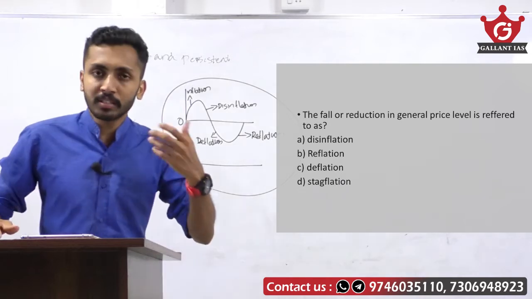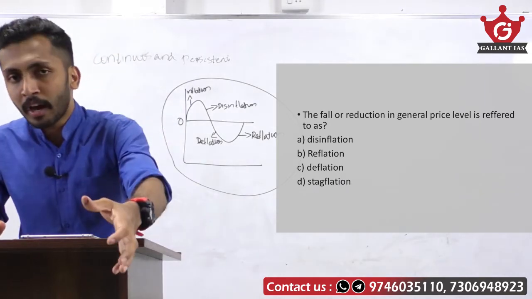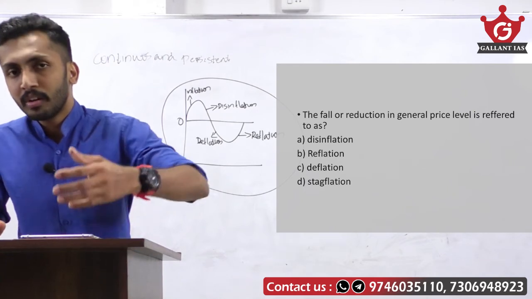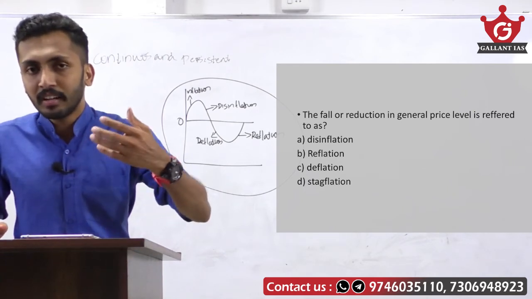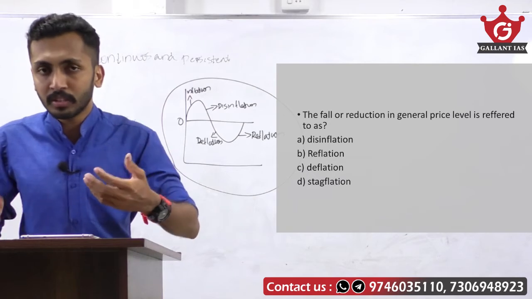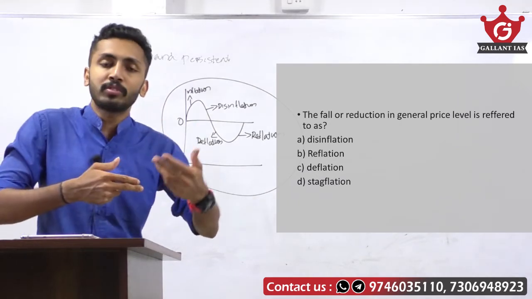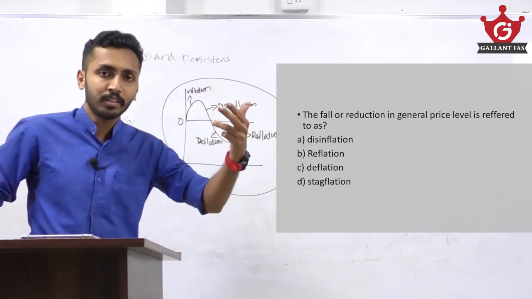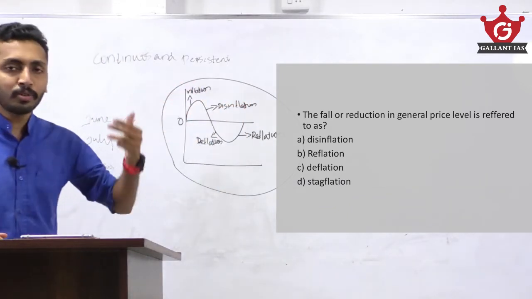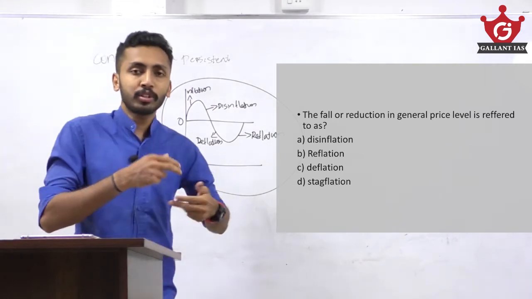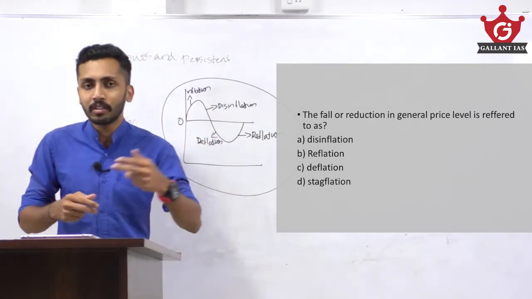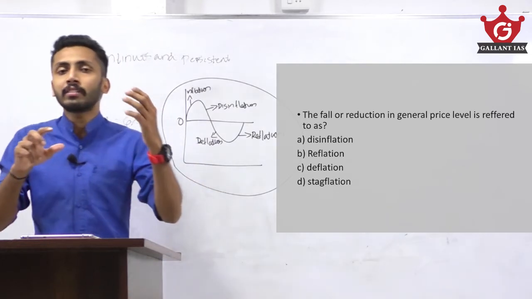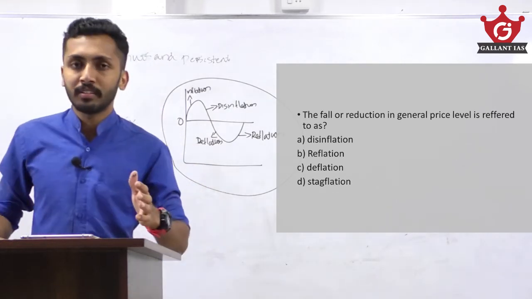If there is excessive demand, that means more demand for goods and services produced in the economy, so production of those goods and services will increase. To increase production, there should be additional employment created.